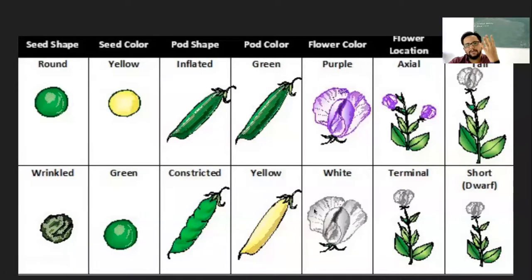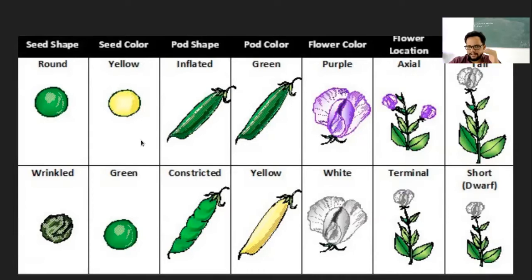So, there are 4 possible combinations of the alleles. In a monohybrid cross, there will be only one trait, one same allele. In a dihybrid cross, there will be various possible combinations, especially 4 possible combinations which are available.